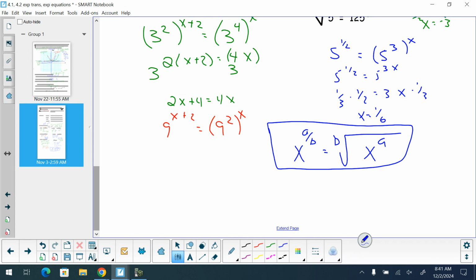Once again, these are all properties that you worked with back in algebra. And this allows us to take a radical or a fractional exponent and move it into a radical.